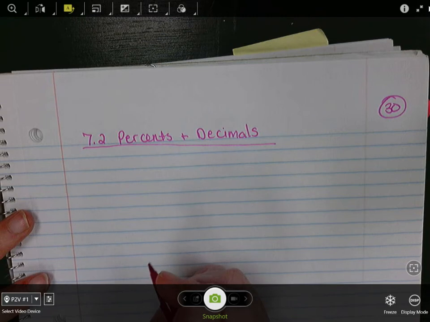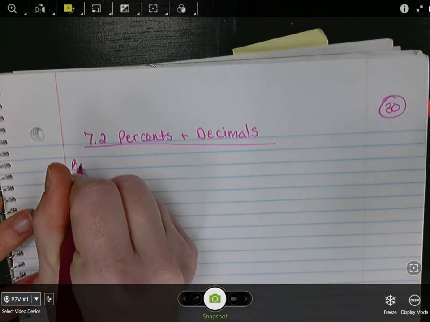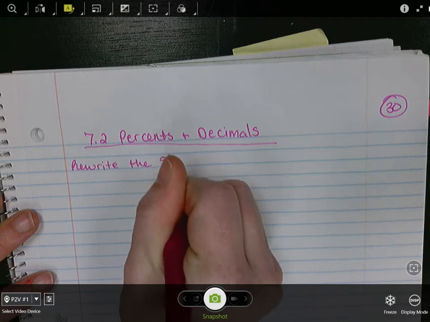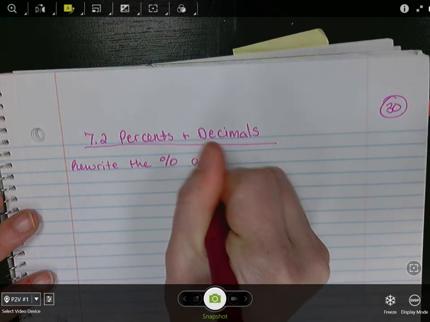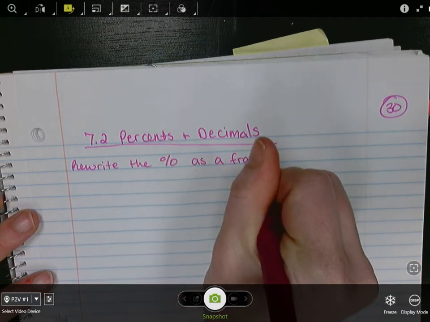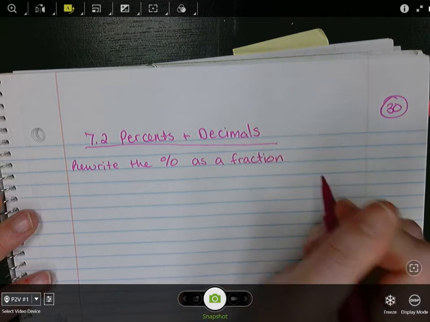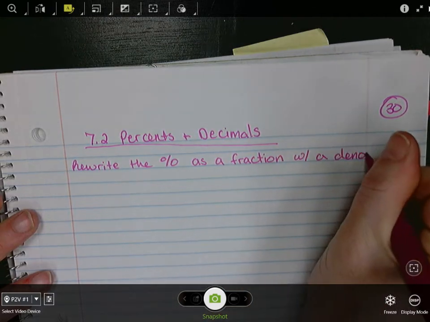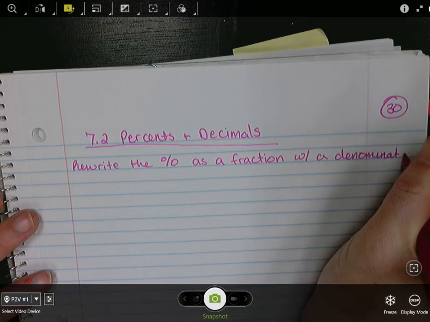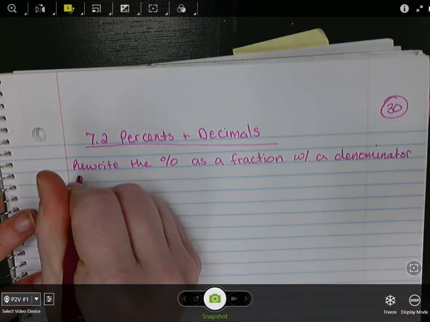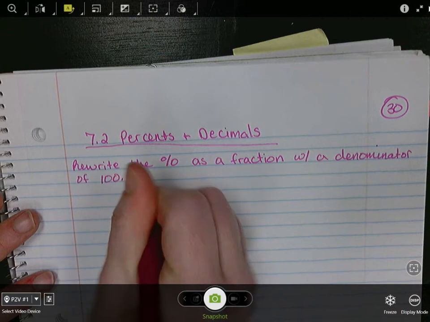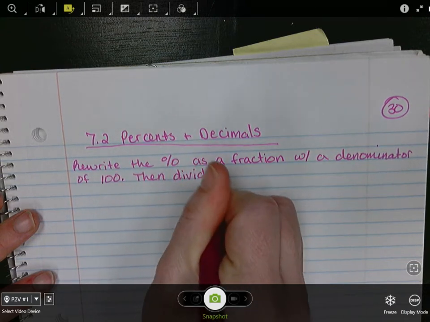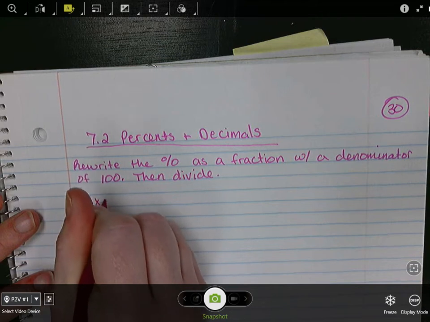What you need to do is rewrite the percent as a fraction, just like we did before with a denominator of 100. Then divide. Okay? All right, so example.